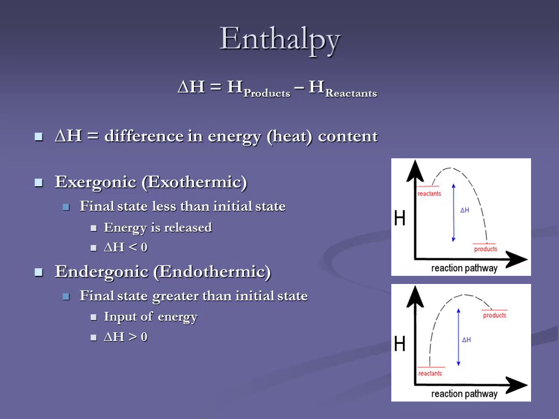So, if we look at a situation where our reactants, wood, has more energy stored within it and the greater capacity to produce heat than the ashes, which are the products left after a fire, because combustion is a chemical reaction, then we're going to say that the heat energy is the difference between the two, the products being first and the reactants being second, and you're going to subtract the reactant heat from the product heat.